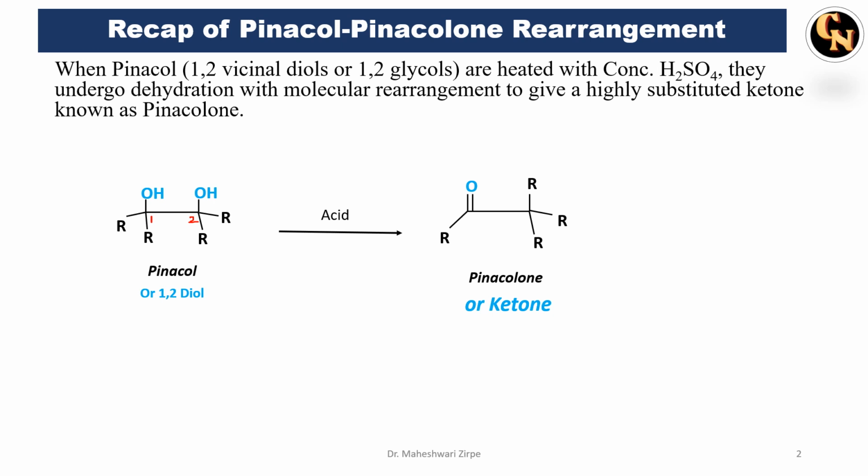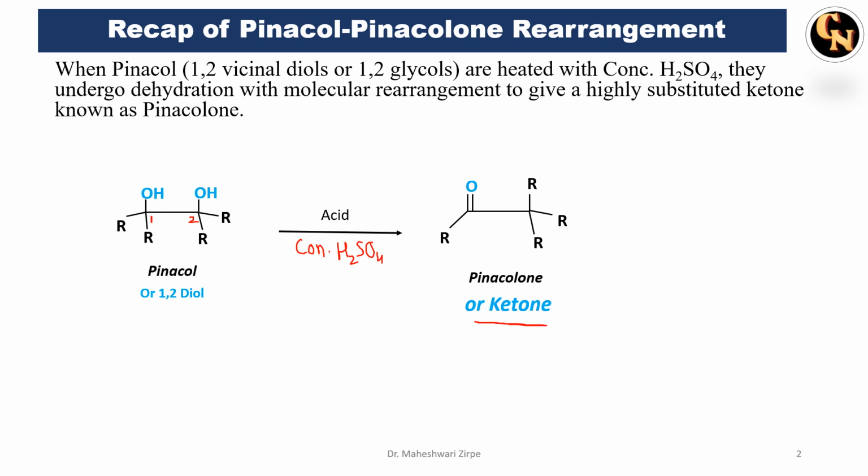So when a 1,2 diol is treated with an acid such as concentrated H2SO4, it undergoes first protonation and then removal of water, and it rearranges by a 1,2 shift and we get a highly substituted ketone.